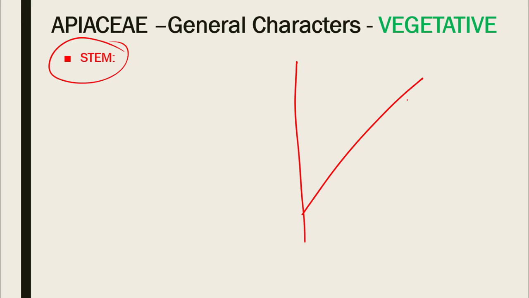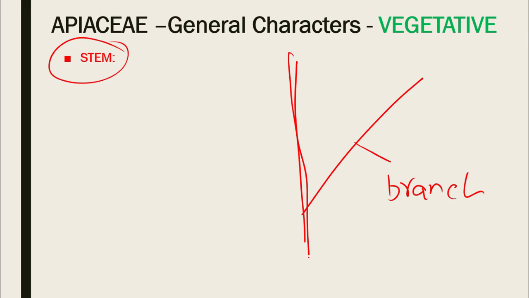Now we move on to the next character, and that is stem. Hopefully you are well aware of the term stem. The main axis or the axis of the branches, so this is the stem, the main stem. This is also stem, and this is what we call a branch.